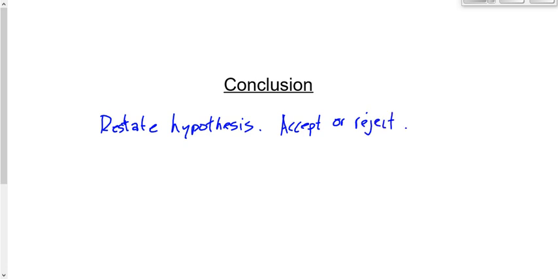I accept my hypothesis. I reject my hypothesis because, well, why do you accept your hypothesis? Why do you accept that as R goes up, V goes up? Or why do you reject that as R goes up, V goes up or goes down? Whatever the case may be.